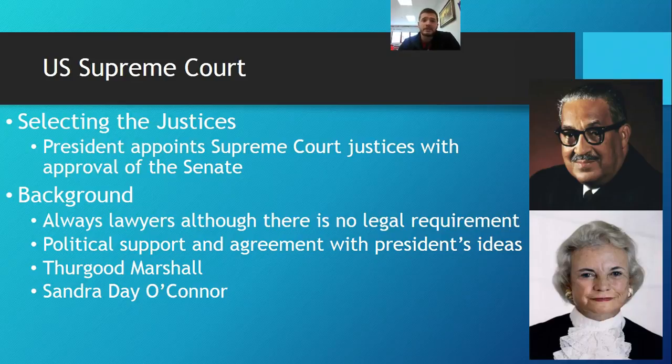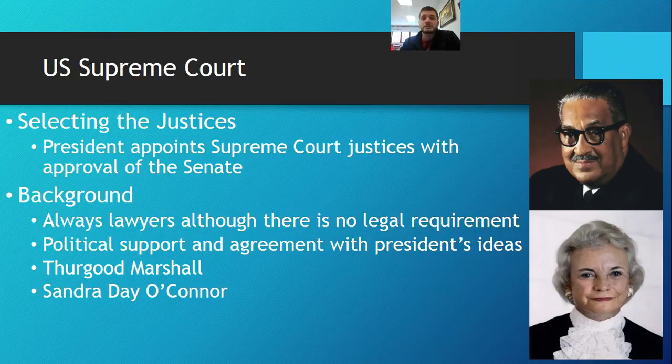Again, as I said, the president is going to choose someone that agrees with their ideas. They are going to support their ideas, and they are going to want to further that legacy. So, for example, Obama has appointed 2 people to the Supreme Court, Kagan and then Sotomayor. So those 2 justices are going to continue his legacy, and take Obamacare, for example.